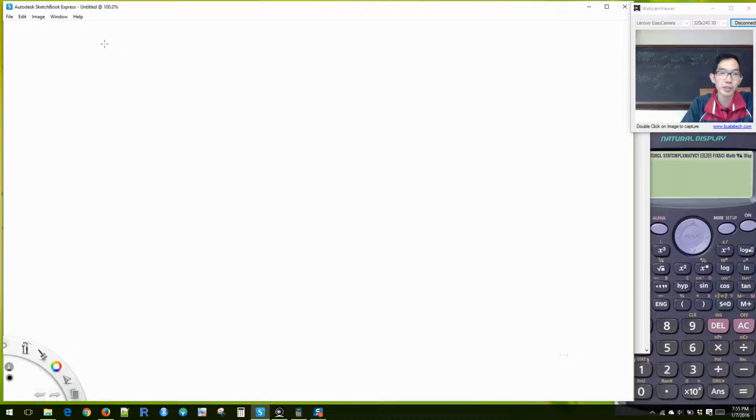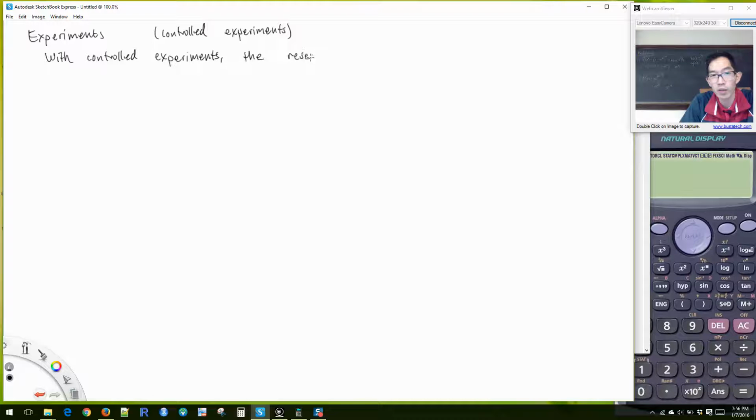All right. And on the other hand, we have experiments, or controlled experiments. With controlled experiments, the researcher will try to control as many aspects of variation as possible.